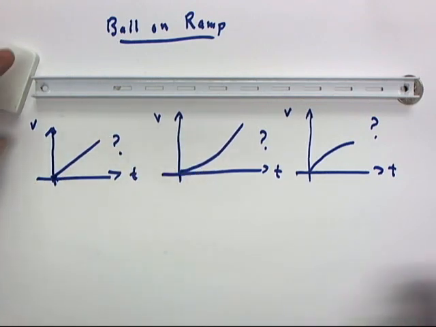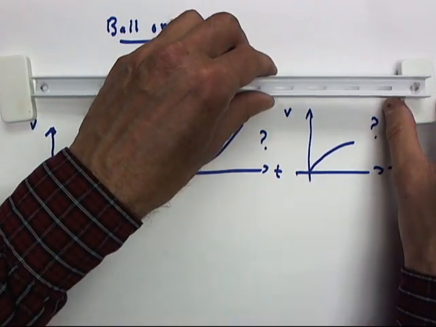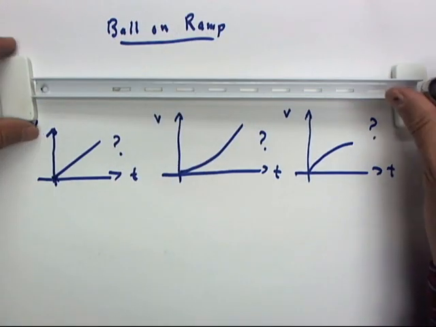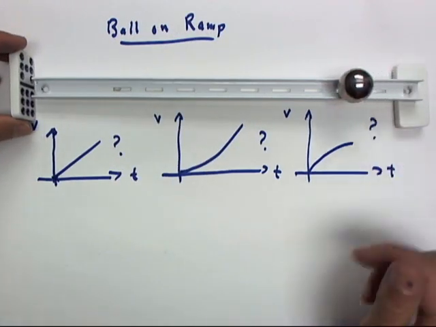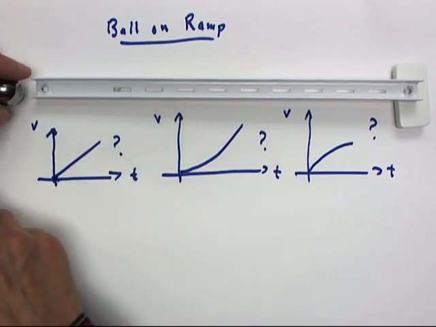linearly with time. If we increase the slope of the ramp, of course, we expect the velocity to increase more quickly.